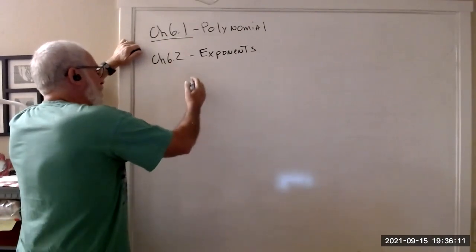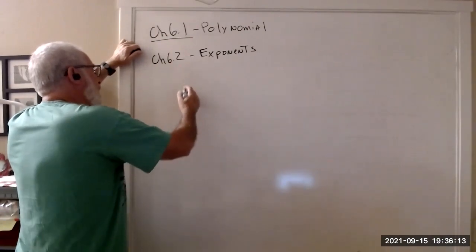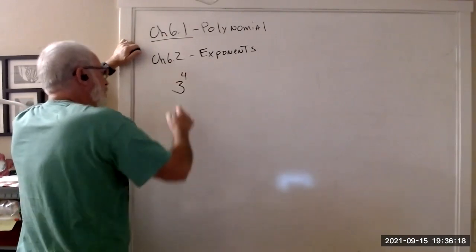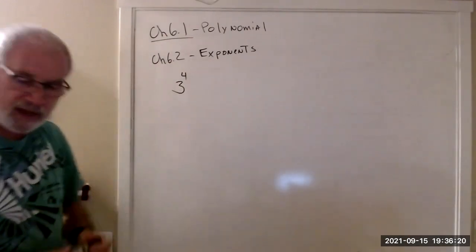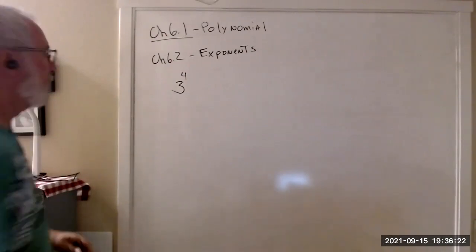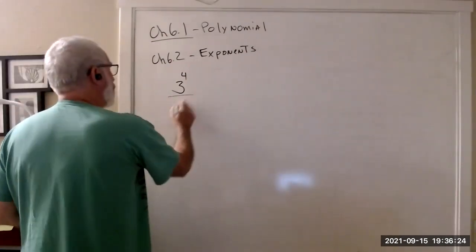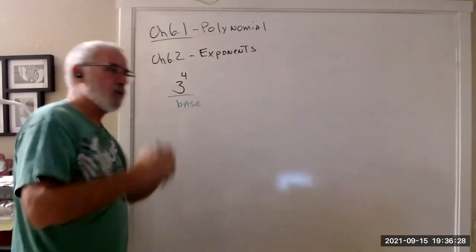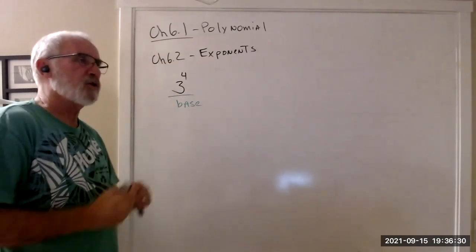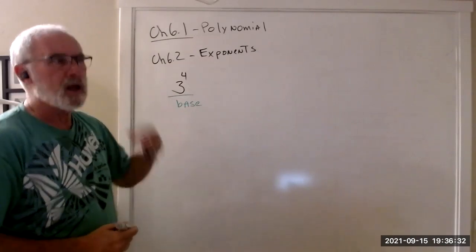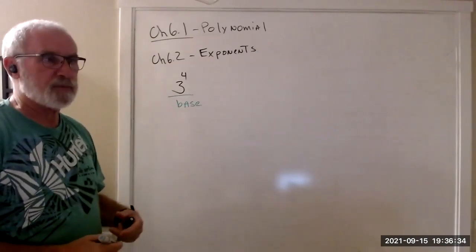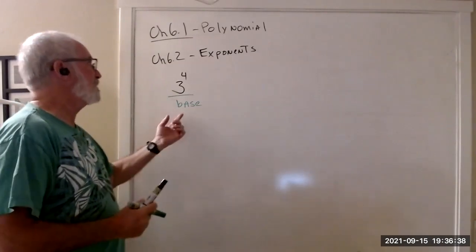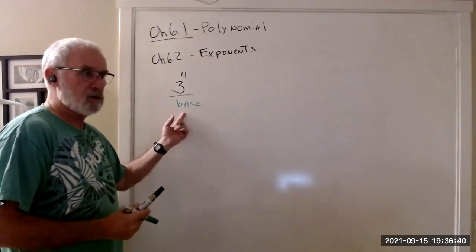Okay, in an exponent, suppose we write 3 to the 4th power. We need some vocabulary. 3 is called the base. Now, this is going to be important both in this chapter, although you could probably get away with not knowing it, but definitely when we hit chapter 10, we're going to come back and revisit exponents again.